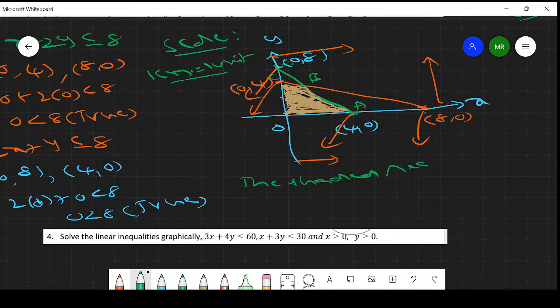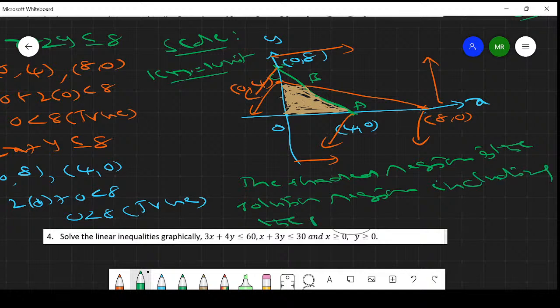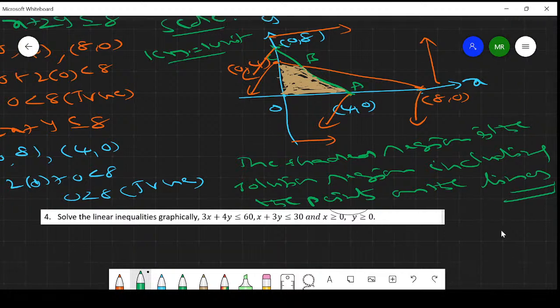The shaded region is the solution region, including the points on the lines. That is your answer.